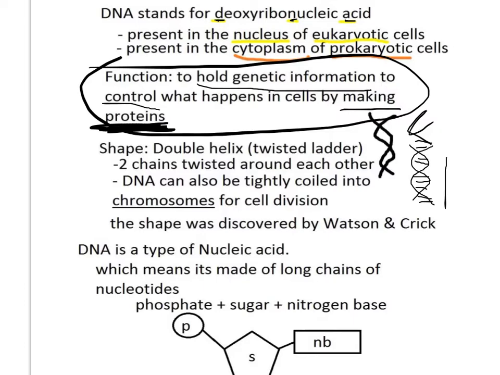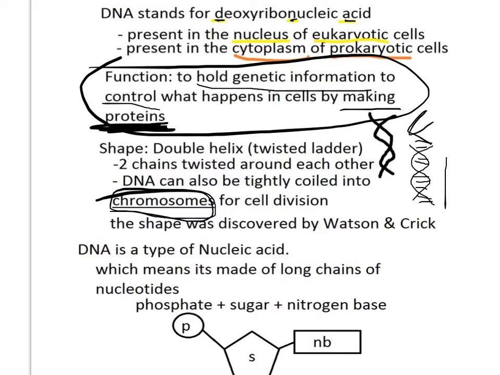Now, that is the general shape of DNA. Then what it can do is it can be wound up real tight into chromosomes. You'll hear this word a lot as we go forward and we talk about cell division and cell growth.